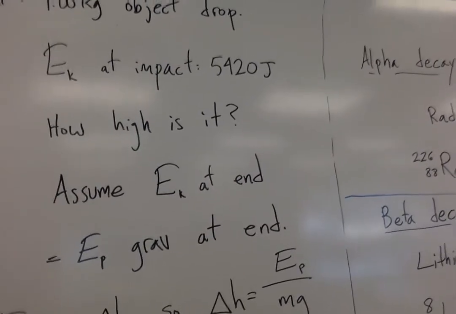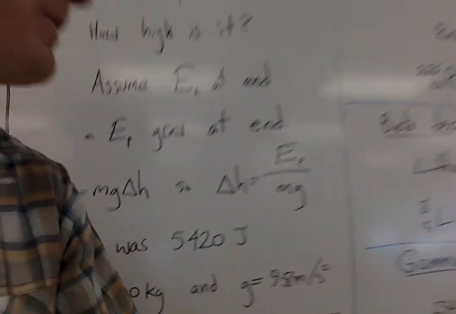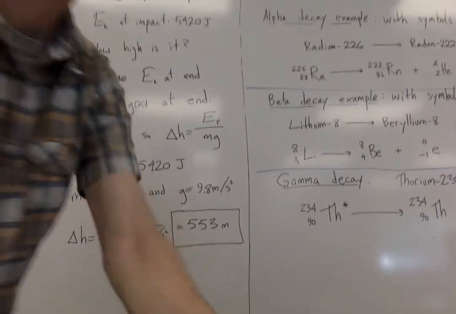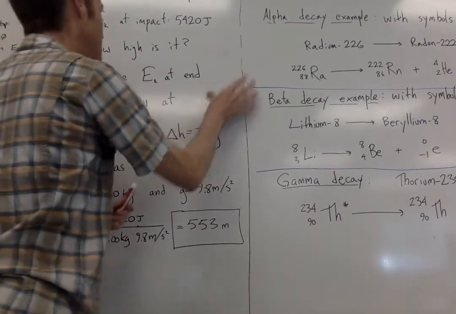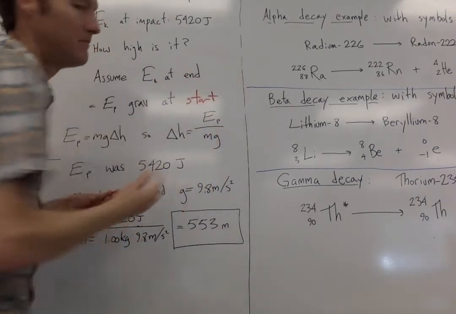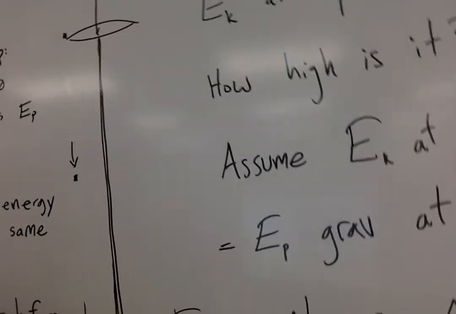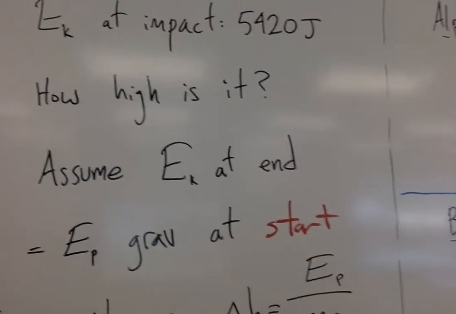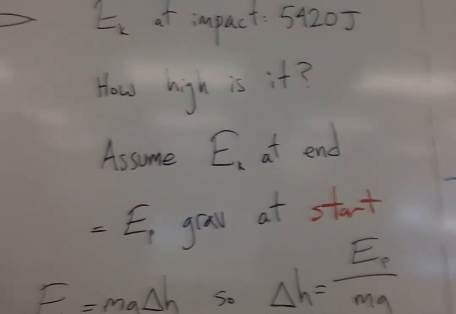If we assume that the kinetic energy at the end equals the gravitational potential energy at the start, here's how the problem plays out.